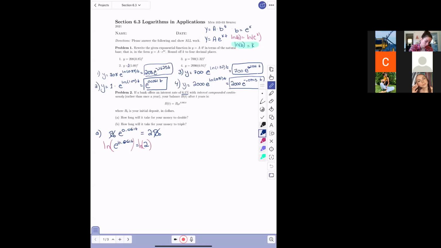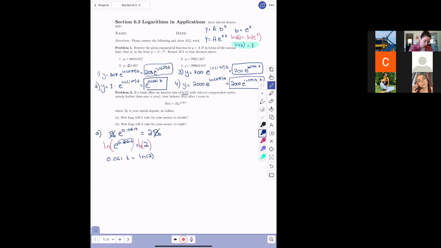So whatever's in this exponent gets dropped down. So we have 0.061 times t is equal to natural log of 2. It's important in these problems to not evaluate any of the natural logs or logarithms or anything like that until the very last step.